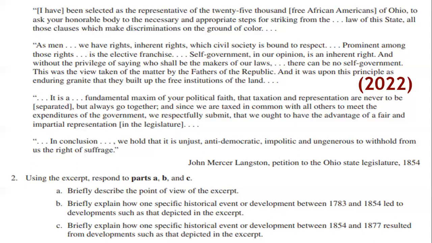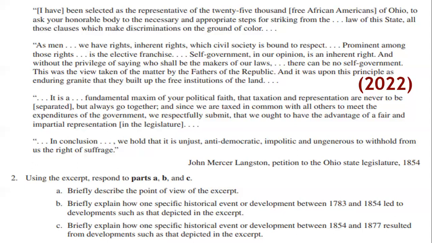Notice on B and C, they gave the kids a time period. Briefly explain one historical event or development between 1783 and 1854 that led to the developments that John Langston is talking about, and tell me something that resulted, or an effect of this.